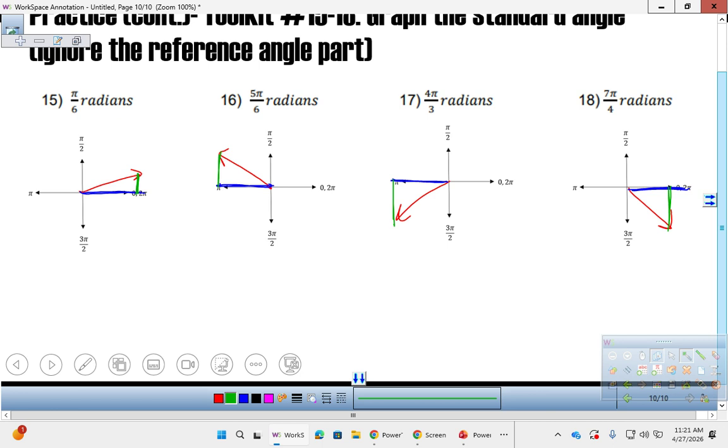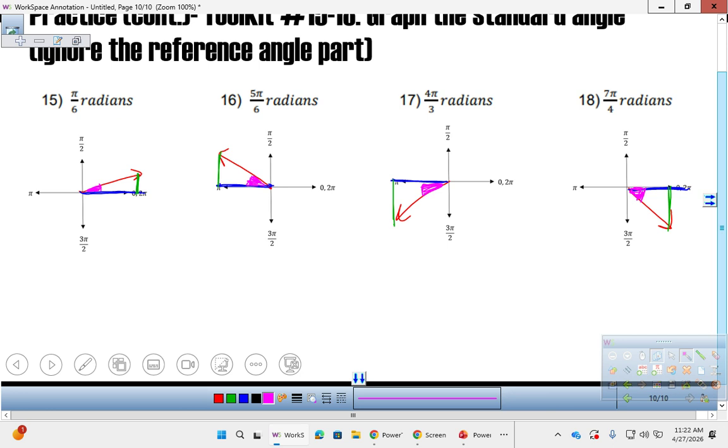The actual triangle is the same. The actual angle is that corner angle with the origin. So this is the reference angle, this is the reference angle, this is the reference angle. The only problem is the actual math behind it is a little trickier because you're working with pi.